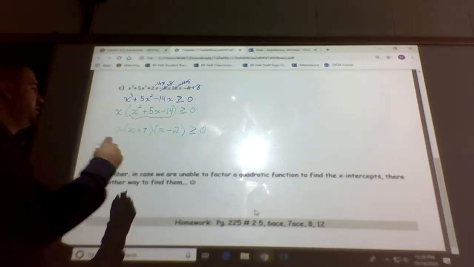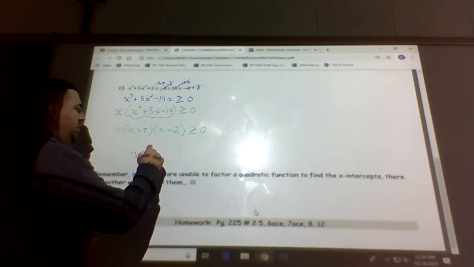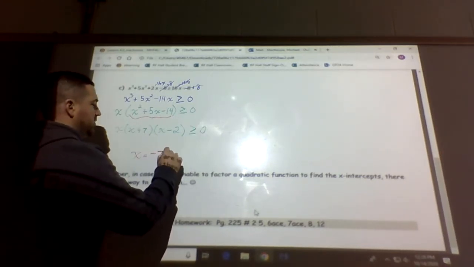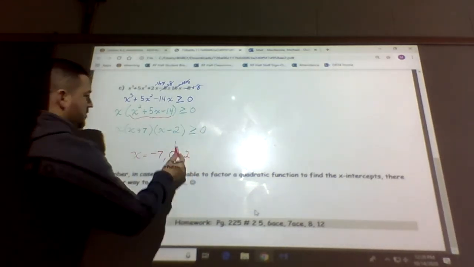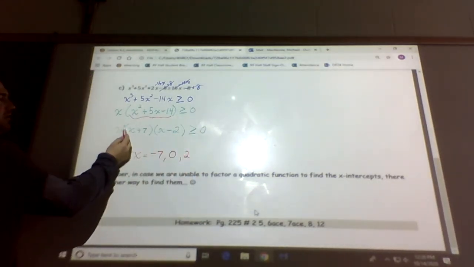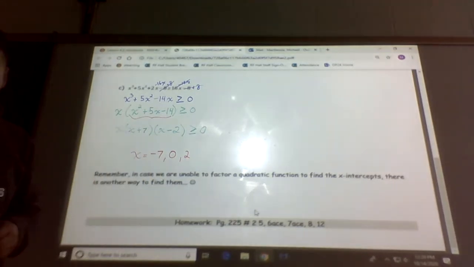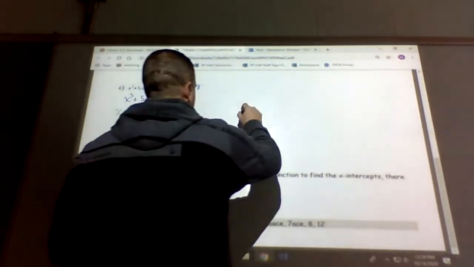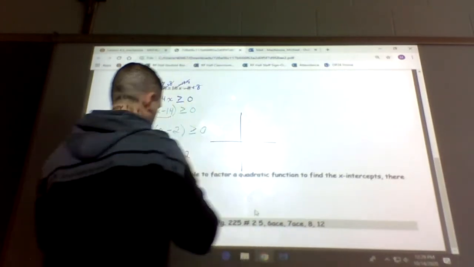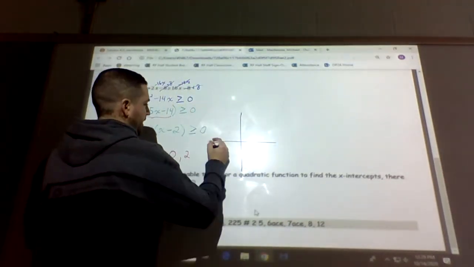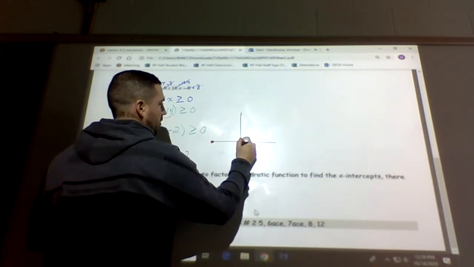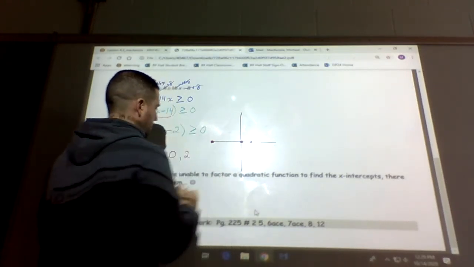So therefore, our x-intercepts are 0. Sorry, I'm going to go in order. -7, 0, and +2. Whenever you have the x by itself, it's 0. So again, on a graph, we have intercepts of -7, 0, and +2.